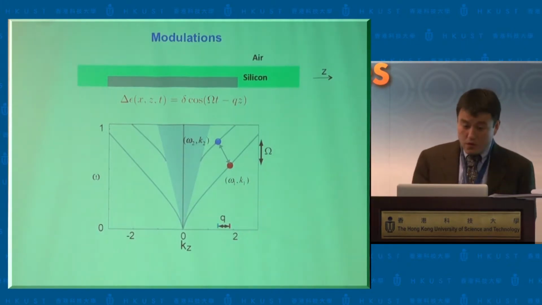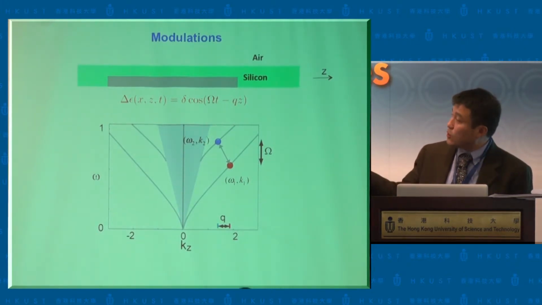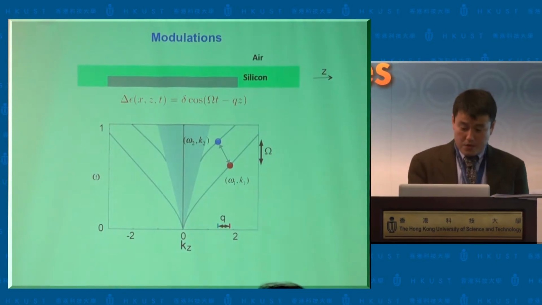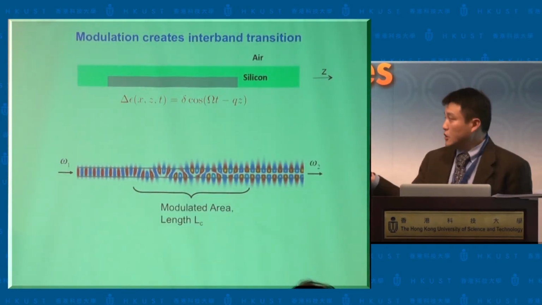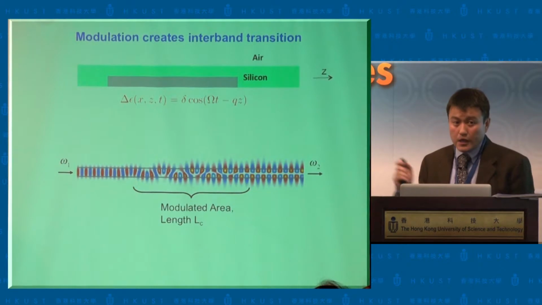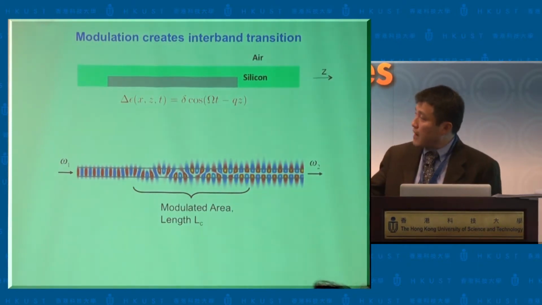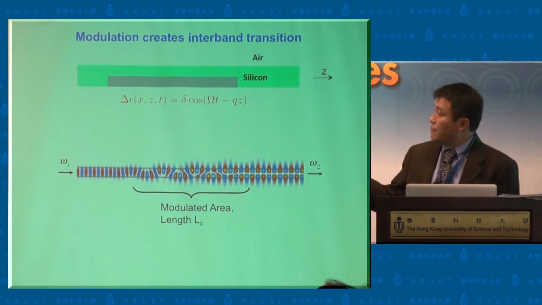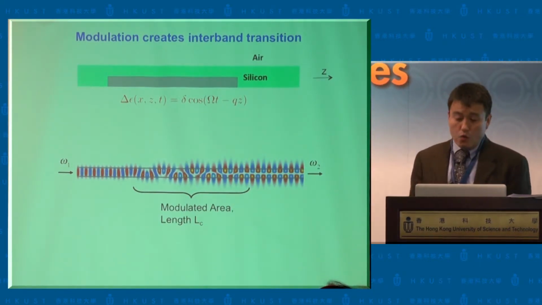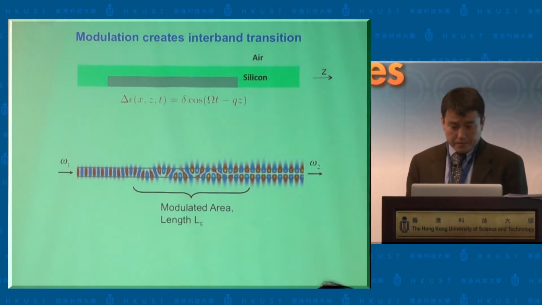In doing so, you can couple the fundamental even mode to the first-order odd mode. And this is how it looks. You send in a fundamental even mode with a frequency ω1. Upon passing through the modulated region, it gets converted into an odd mode with a slightly higher frequency.